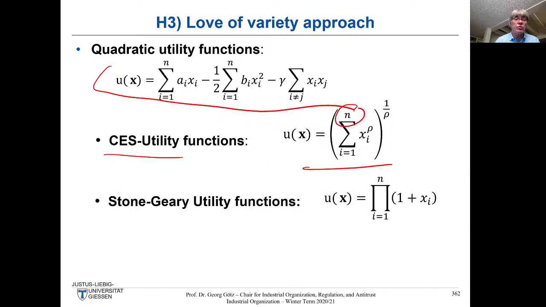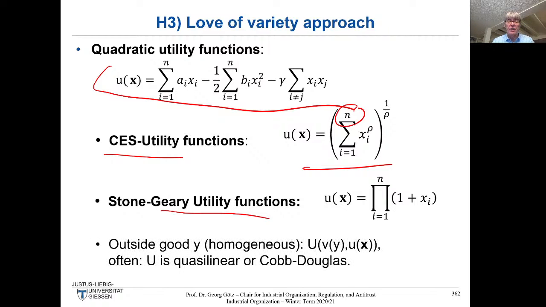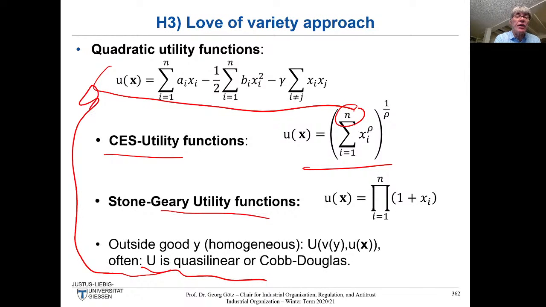And I don't want to go deeper into the Stone-Geary. This is an extension of the Cobb-Douglas function in a way. What you typically have here is a sub-utility function, which would be this one here, and some outside good, which might be homogeneous, and the upper utility function is either quasi-linear or Cobb-Douglas.